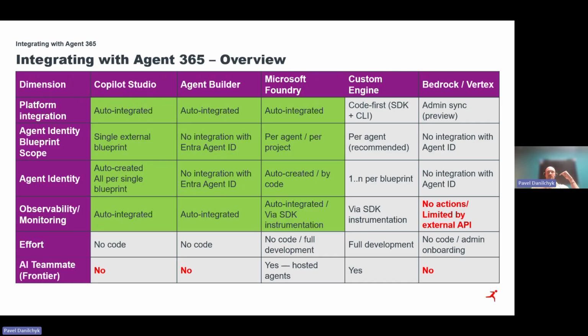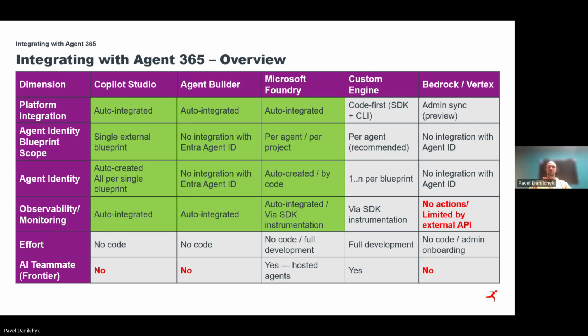Every time you add a new agent to Foundry, it creates a new blueprint and agent identity again. And every time you deploy this agent to Microsoft 365 Copilot, it creates a new blueprint with a new identity as well. So the system looks a bit complex, because for every popular platform we have our own aspects and rules.